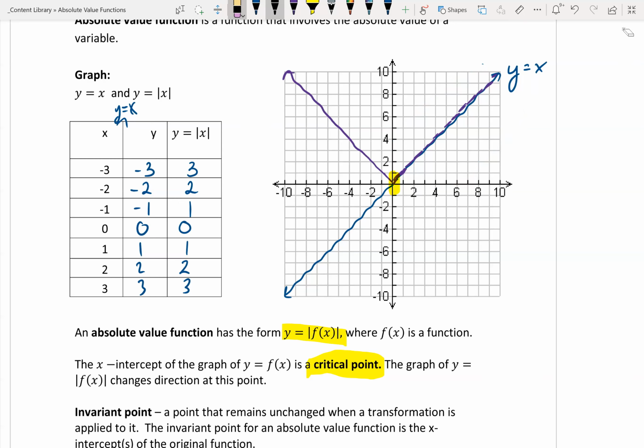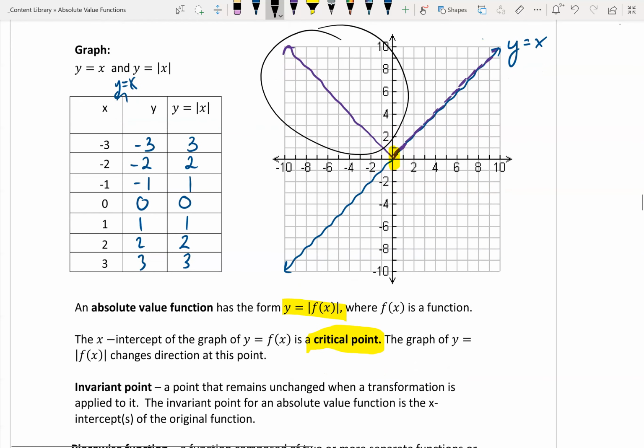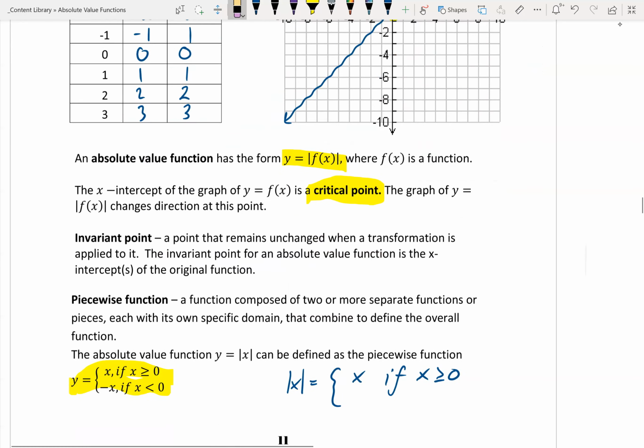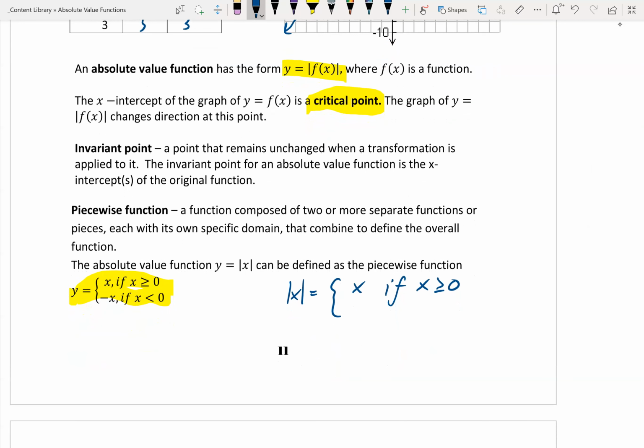And the second portion of our graph here looks like y equals -x. So that is where our piecewise function is coming from. It is -x if x is smaller than 0, or if x is negative. This is a very important part because we are going to use this piecewise function to describe what an absolute value function can look like.